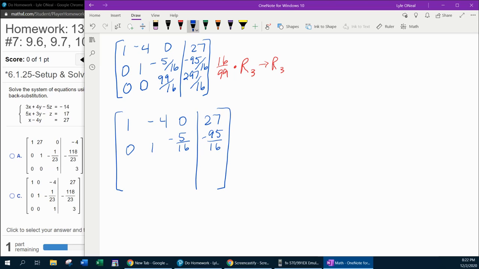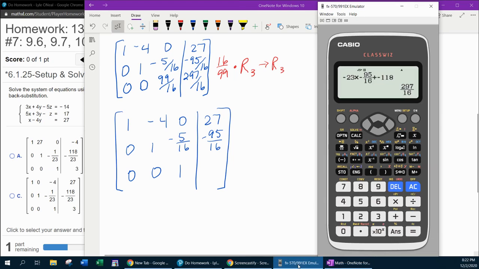Of course, 0 times anything is 0, so that's going to leave these as 0. Any fraction multiplied by its reciprocal will produce a 1. And the last step, I'm going to use the calculator for. We're going to multiply 16/99 multiplied by 297/16.